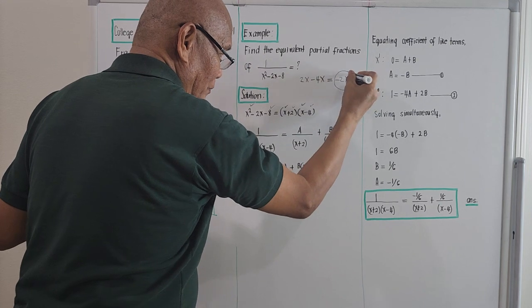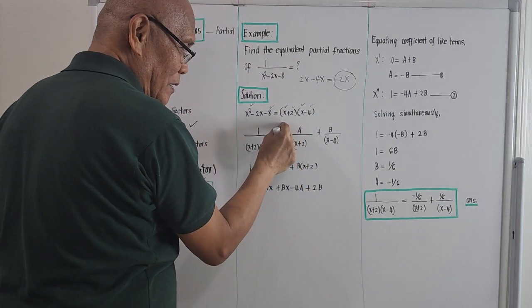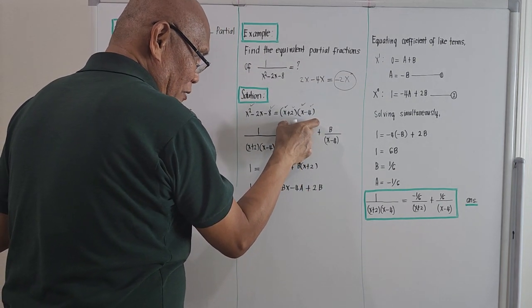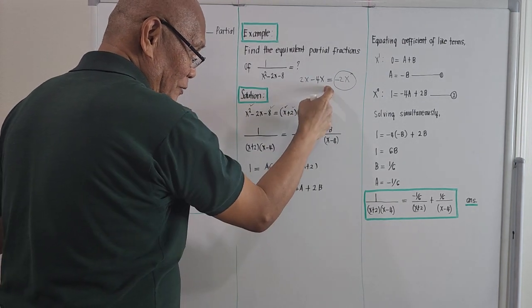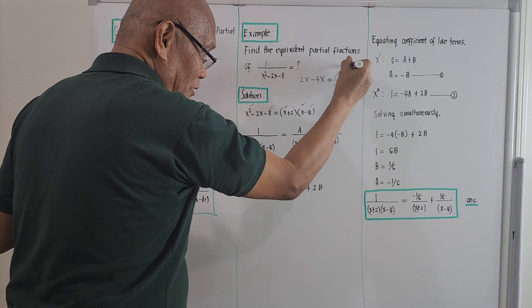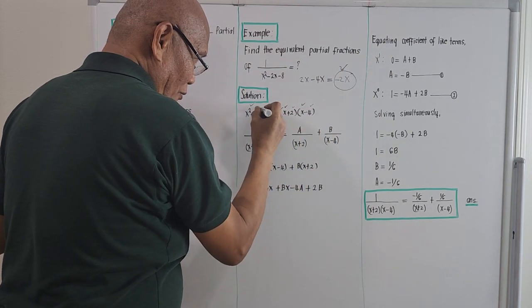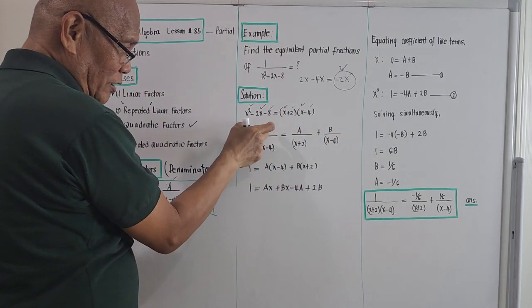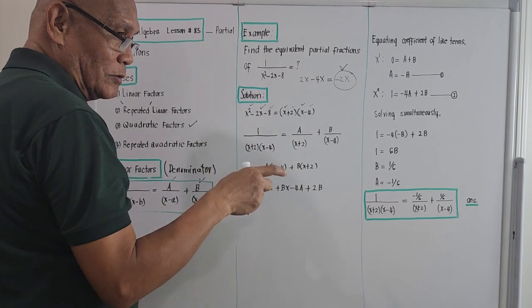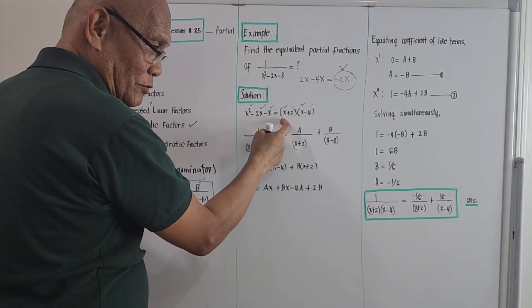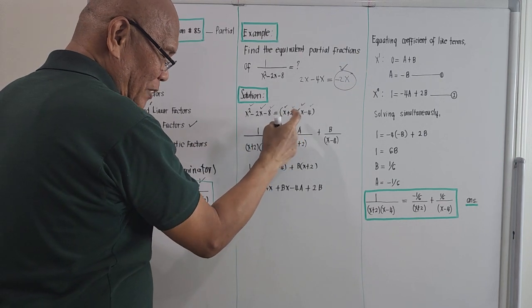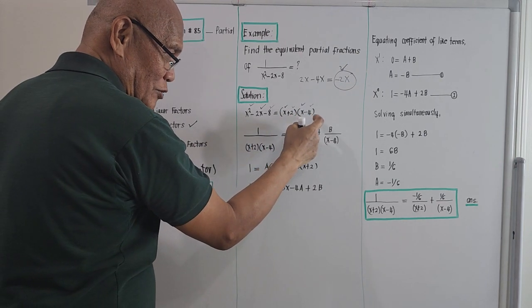So the middle term, with these two binomial factors, when we verify it, is negative 2x, and this negative 2x is the given middle term. So we can simplify this into the product of the quantity x plus 2 times the quantity x minus 4.